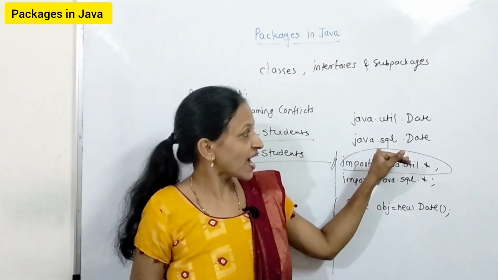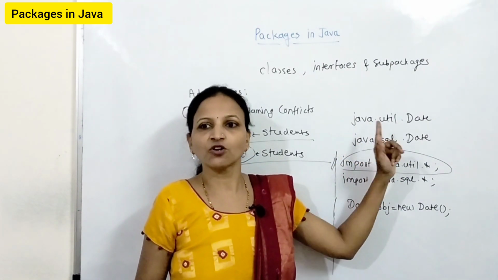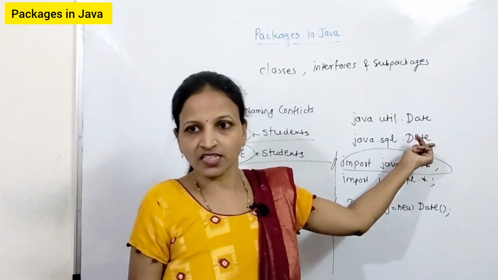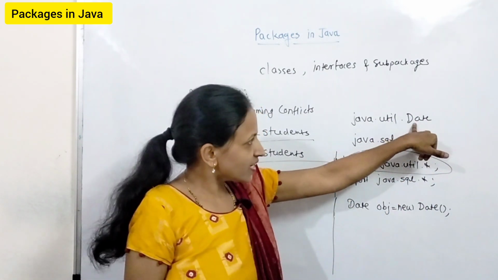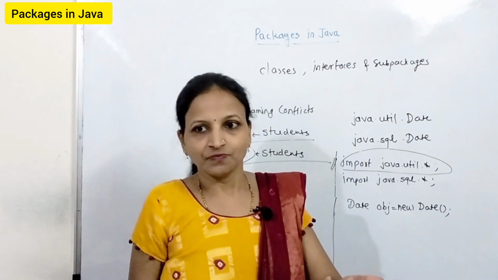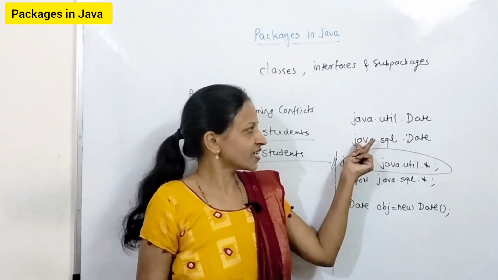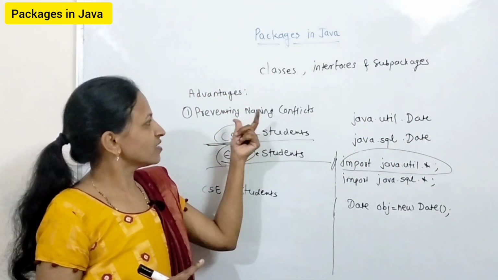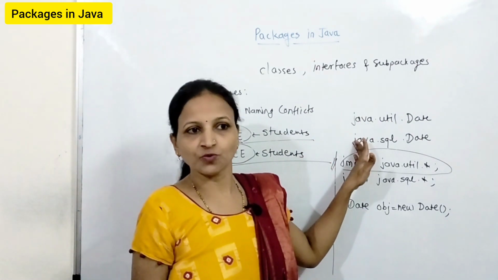So again this is a built-in example. There are two packages, java.util and java.sql. Both have a date class internally. If I want to use this date class, I can write java.util.date. If I want to use the other date class, I can write java.sql.date. Again we can prevent naming conflict between these two.